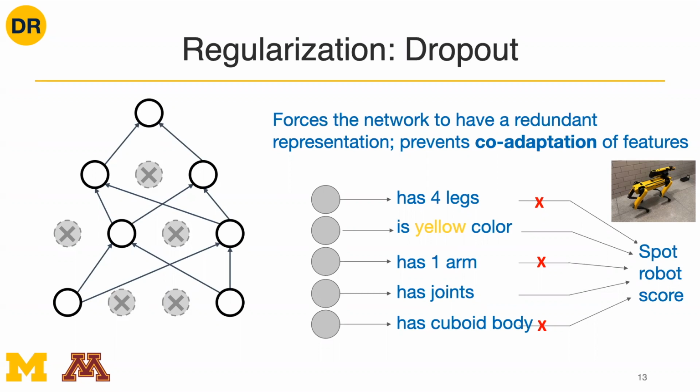But even if it sees a subset of this, it should have a good guess that it's a Spot robot. That's the whole point. We want expressivity by capturing all the information, but we don't want all the neurons to be necessary for doing this classification task. Is that clear?